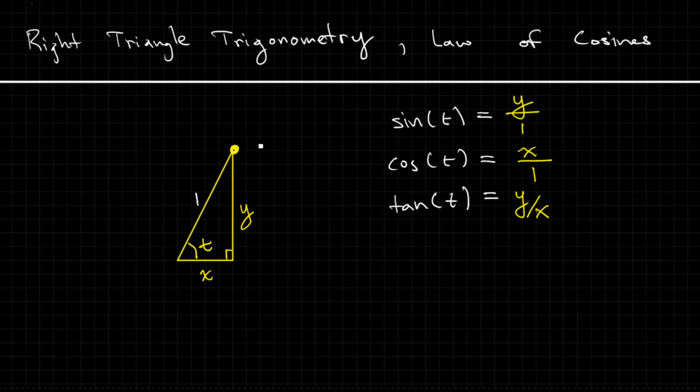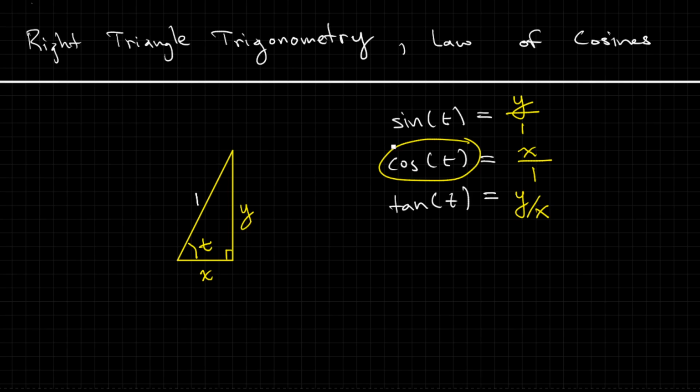And what that means is, if I have a triangle and this length is x, this length is y, and this length is 1, then I can define sine of this angle t to be y over 1. I can define cosine of this angle t to be x over 1, and I can define tangent of t to be y over x. So I can define all of my trigonometric functions in terms of this triangle here.